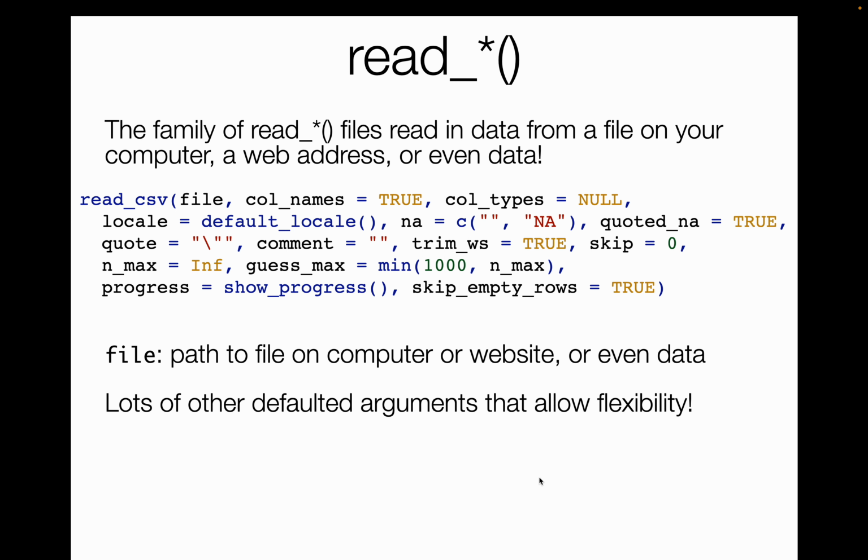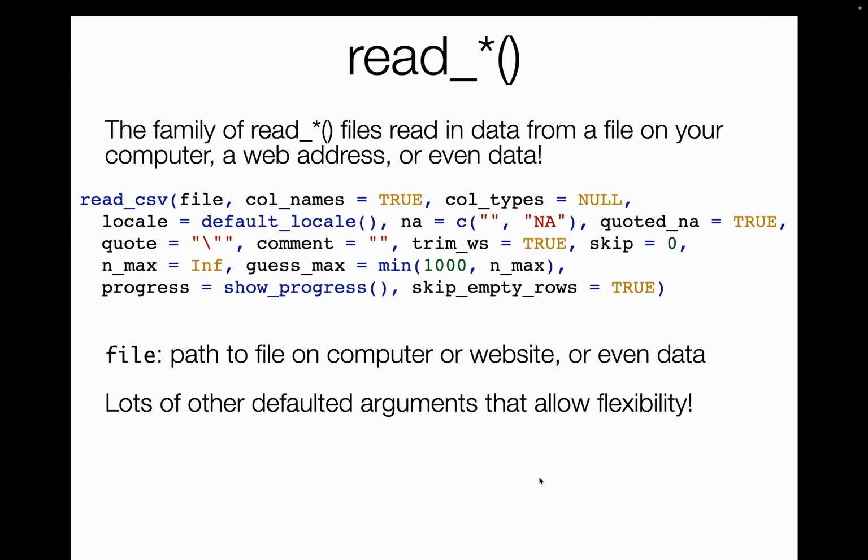And really, what all that read CSV needs, if you look, there are many options inside of read CSV. So the function arguments, there are a lot of them, but they are almost all defaulted.